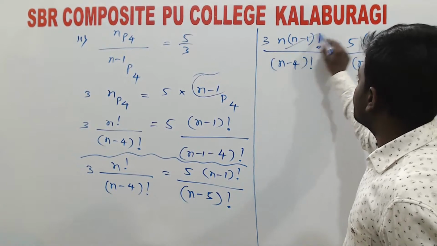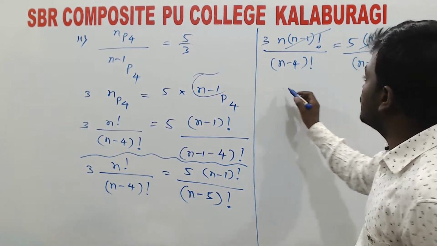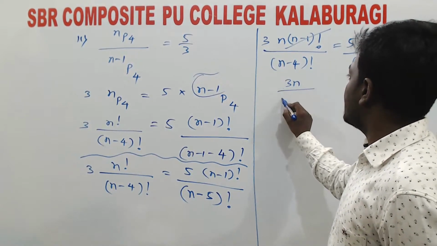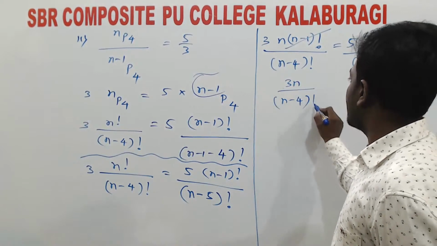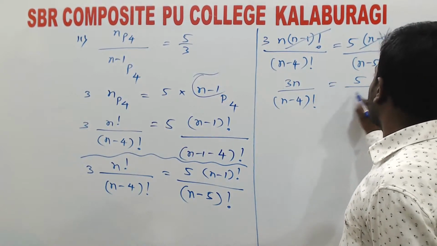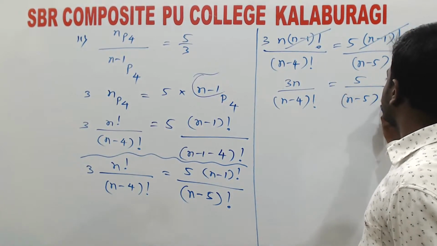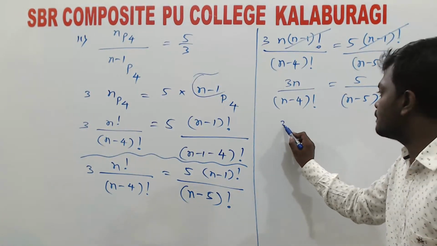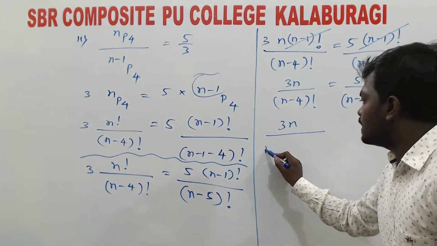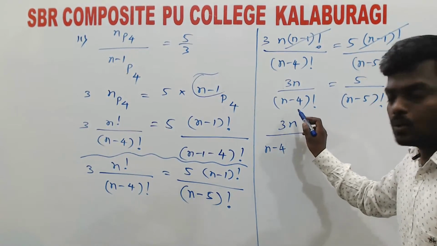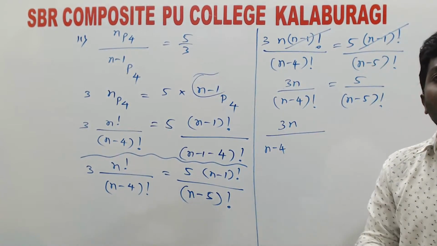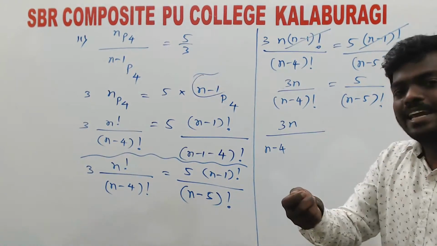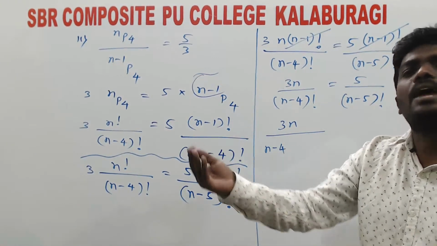Right. So now n minus 1 factorial and n minus 1 factorial get cancelled. 3n by n minus 4 factorial is equal to 5 divided by n minus 5 factorial. Now keep on simplifying. I have told you in factorial notation, it keeps on reducing by 1.